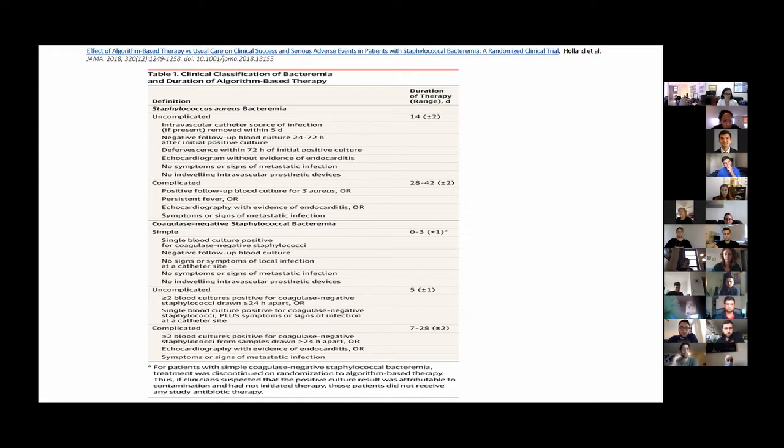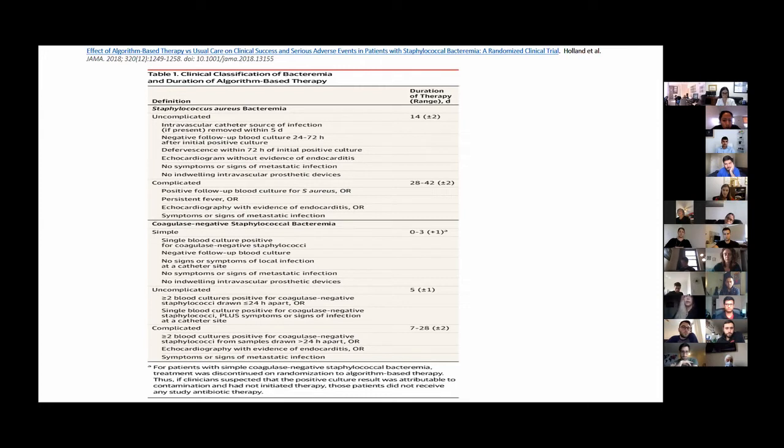They call uncomplicated more than 2 bottles drawn within the first 24 hours with signs at a catheter site. If you take out the catheter, you can just treat them with a short course of 5 days.